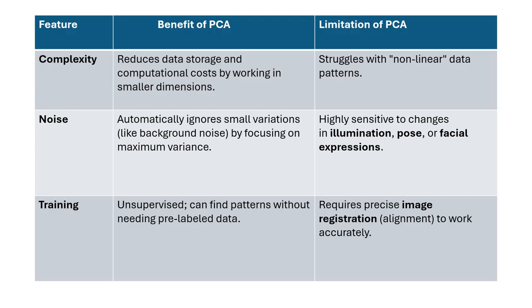But it is also highly sensitive to changes in illumination, pose differences or facial expressions; in those cases it considers them as noise and eliminates important features. In training, it is unsupervised learning, so it can find patterns without needing any pre-labeled data.